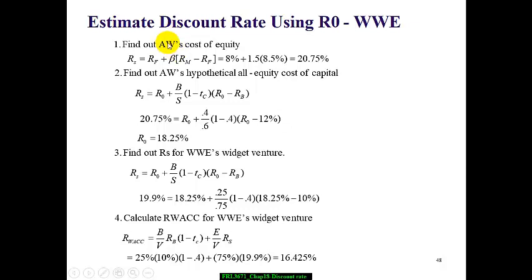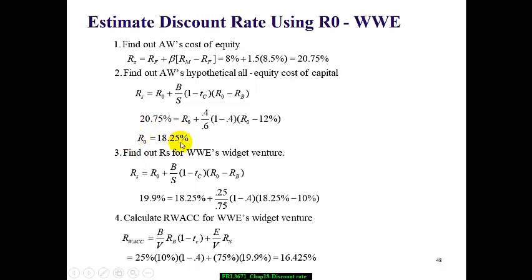Now let's go over the solution together. For AW, given beta 1.5, we found the cost of equity 20.75%. This is levered, a mixture of financial leverage effect and the business risk. So we want to use the Proposition 2 formula, given this cost of equity, to back out R sub-zero. The debt is 40%. So we figured out, using algebra, R sub-zero is 18.25.